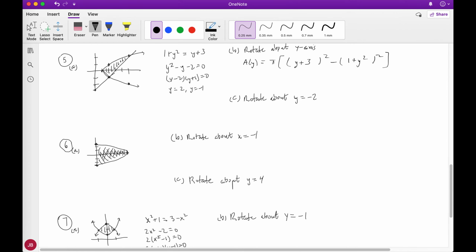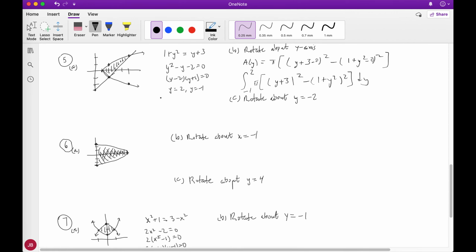I'm using disk washer, so it's always function minus axis for each radius. Well, the axis is just x equals 0, so I'm subtracting technically 0 in both cases, but that's just the same as putting the function in both. And then we just integrate this from minus 1 to 2, with respect to y.